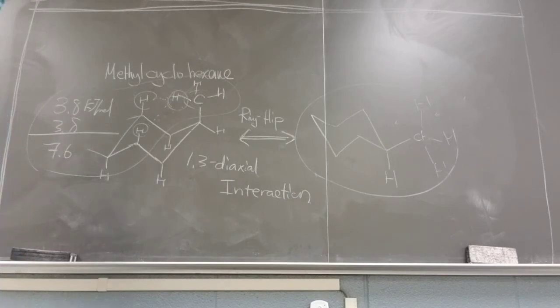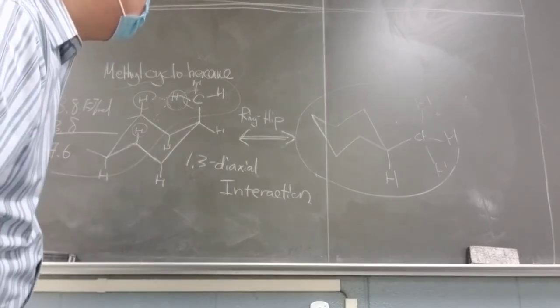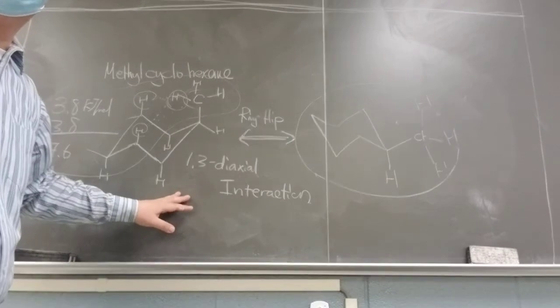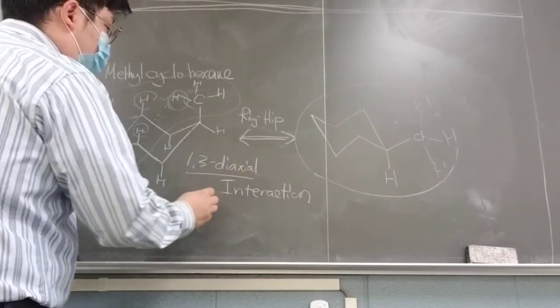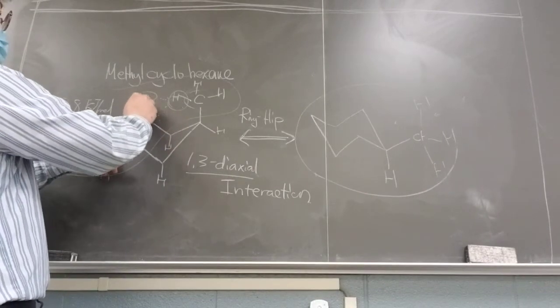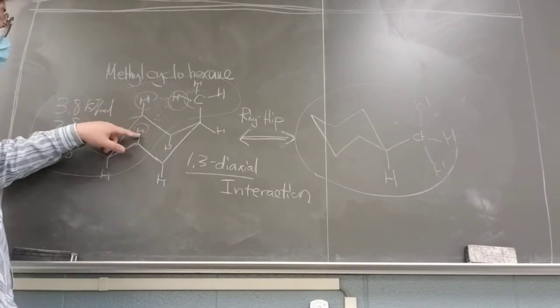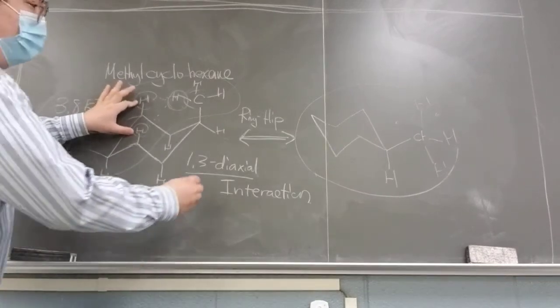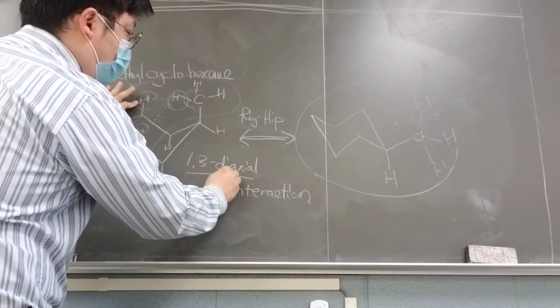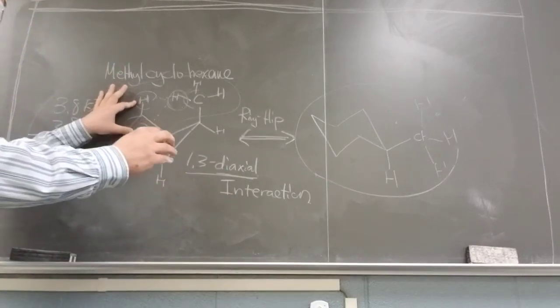What is the 1 and 3? Where did that come from? So you see there's the hydrogen, right? This is also in the axial position, right? But there are two. So that's why we put diaxial interaction.